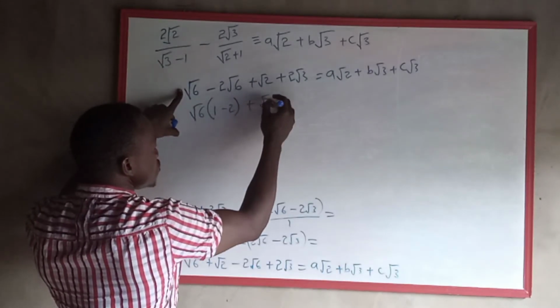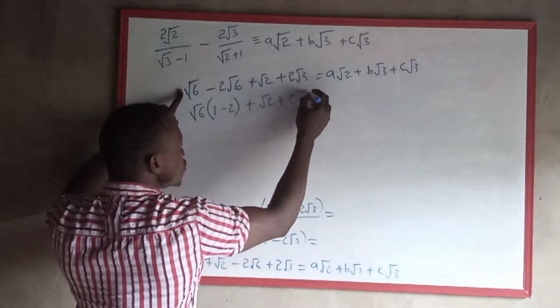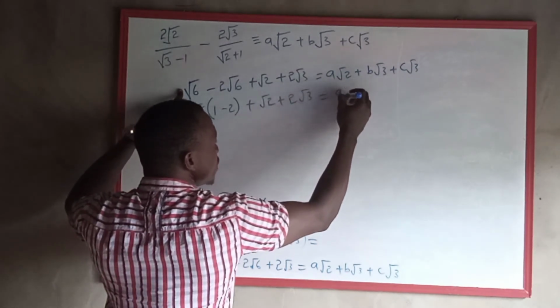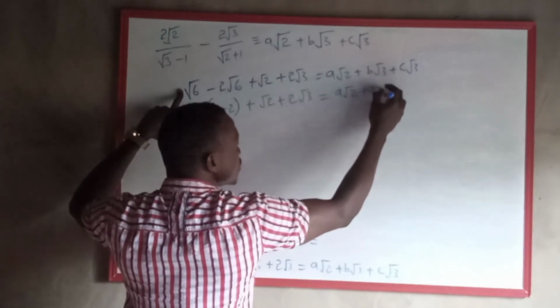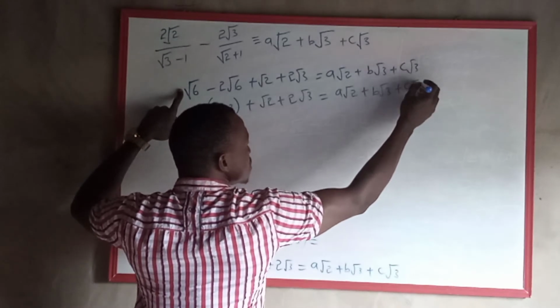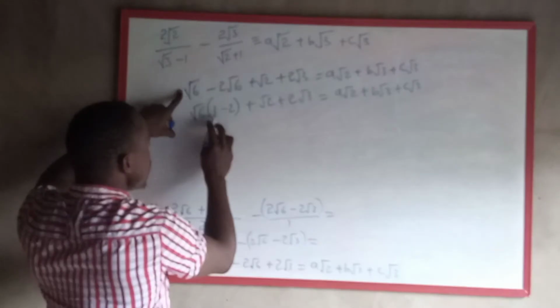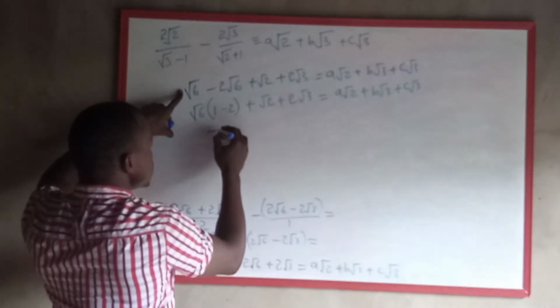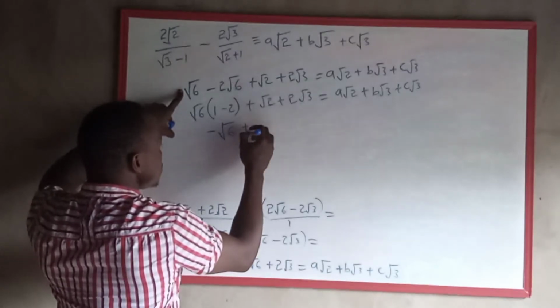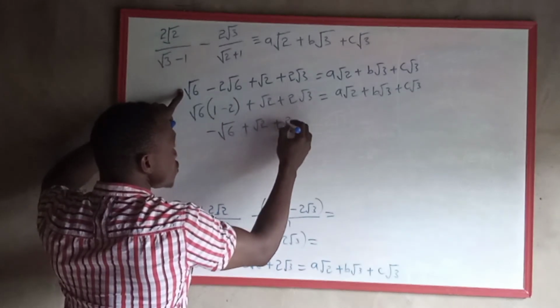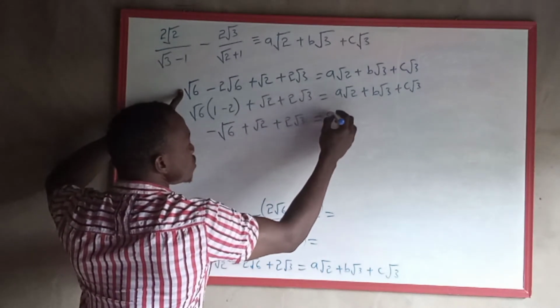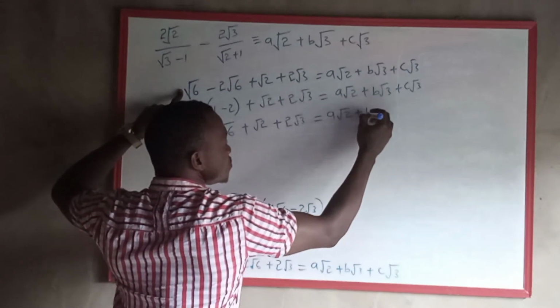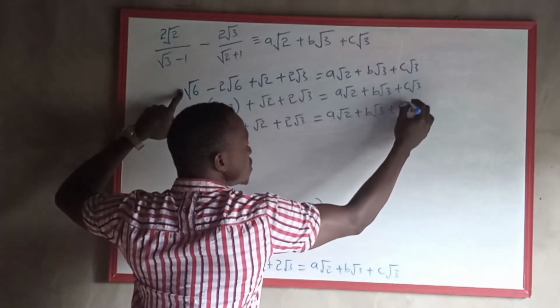Then plus root 2 plus 2 root 3 is equal to a root 2 plus b root 3 plus c root 3, which is that. So 1 minus 2 gives us minus 1. So we have it as minus root 6 plus root 2 plus 2 root 3 is equal to a root 2 plus b root 3 plus c root 3.